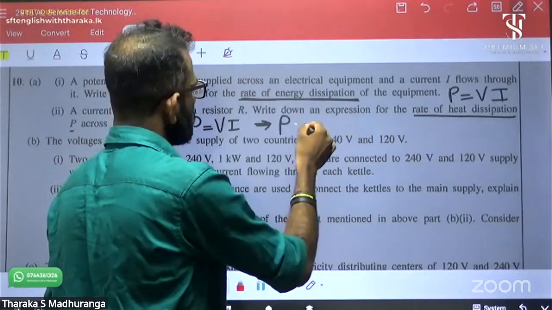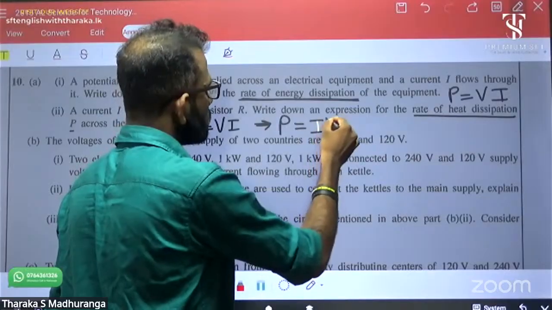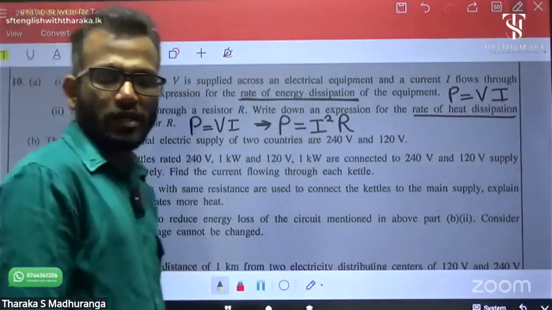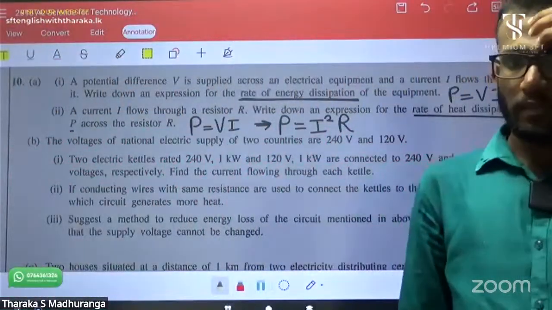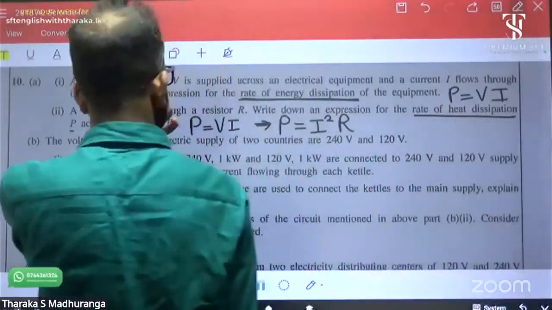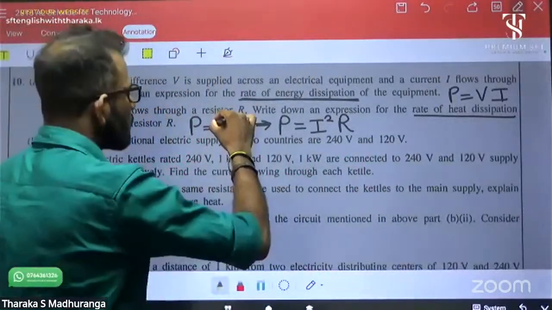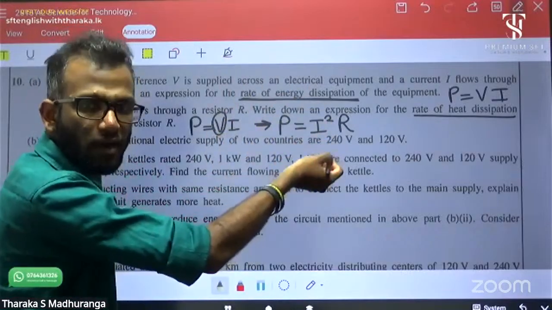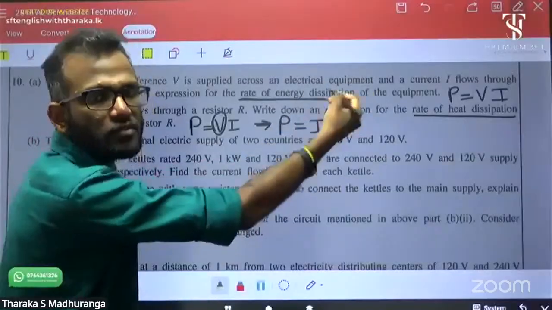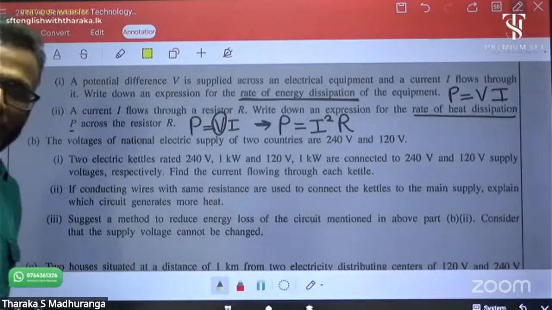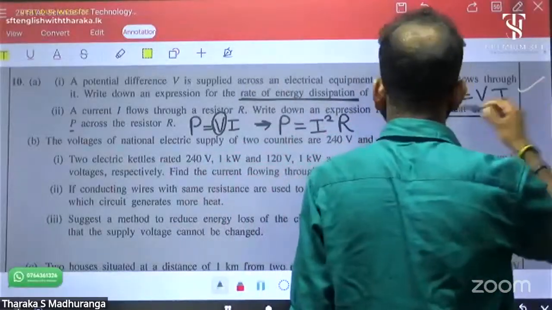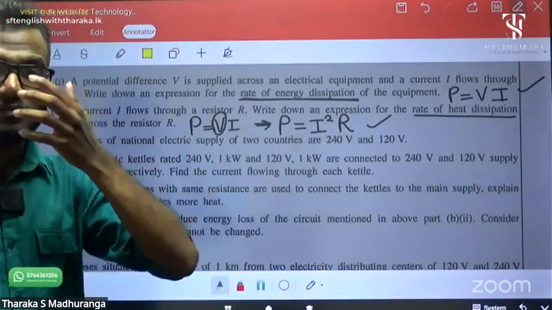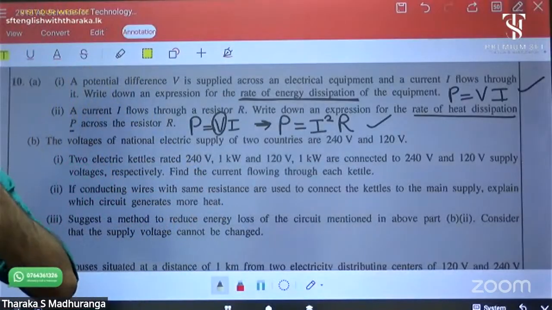P equal I squared R. This is the answer. Instead of V, I applied I R, so I R into I gives I squared R. Correct? Okay, that's the second part answer.